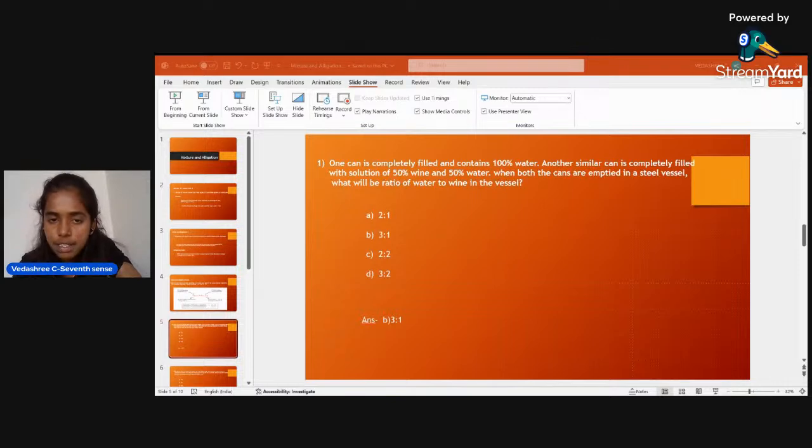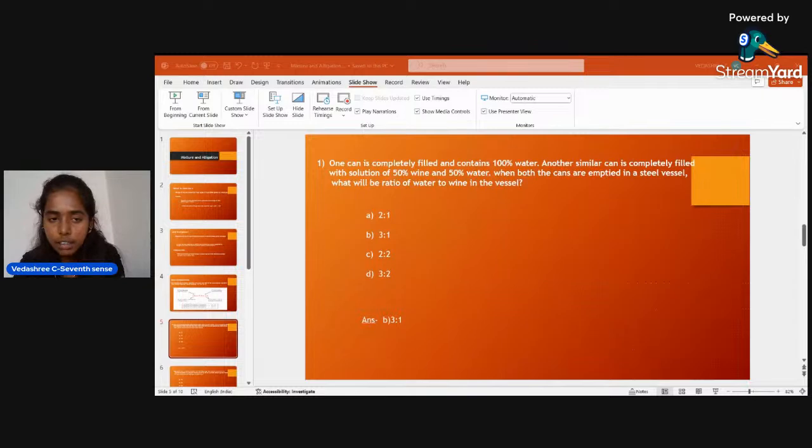When both the cans are emptied in a steel vessel, what will be the ratio of water to wine in the vessel? So here we need to calculate the ratio of water to wine in the vessel.